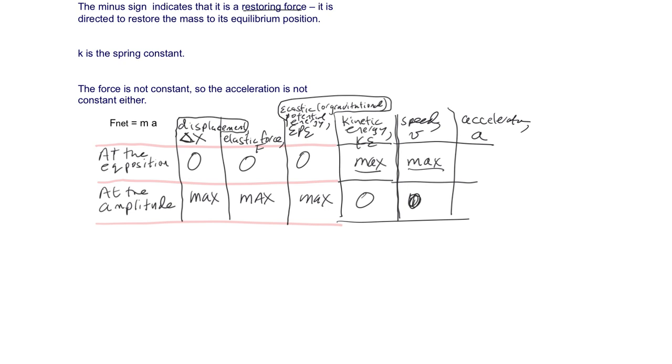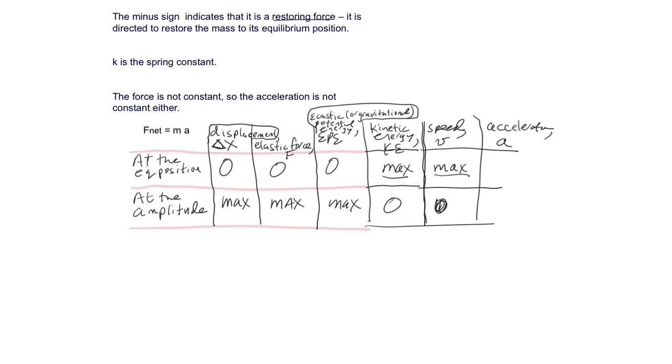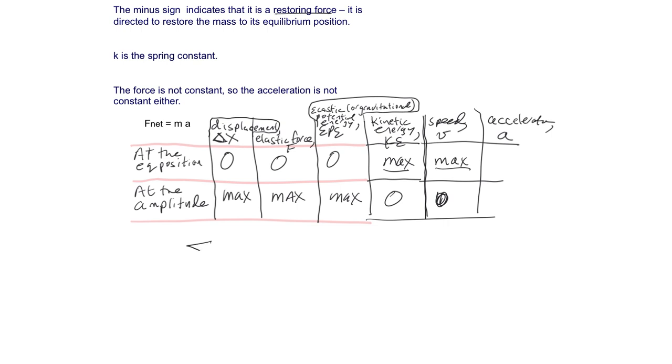Now the acceleration is the elastic force, which should be the net force for our problems. So the elastic force is m times a. So the bigger the elastic force, the bigger the acceleration. So where's the elastic force the greatest?